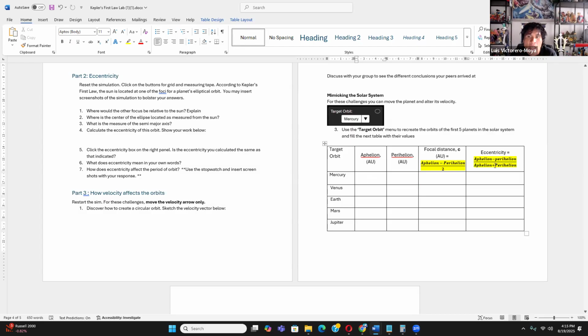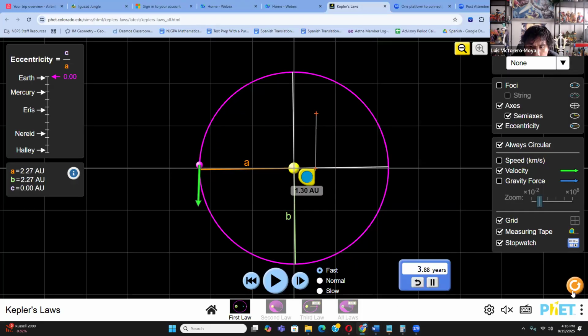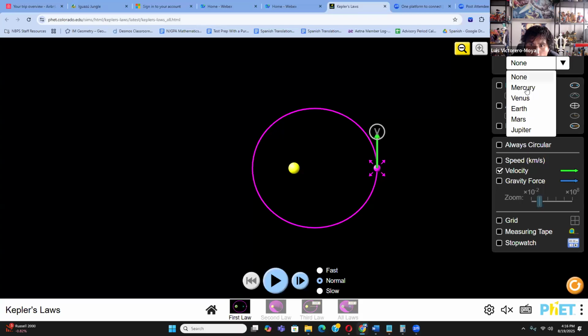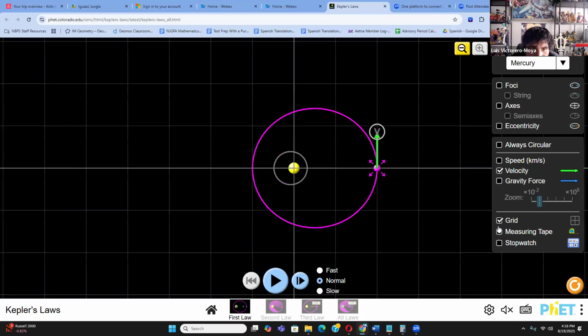These are equations that we can prove in physics, right? So for that, let's reset this. Let's go to Mercury, that's the orbit of Mercury, and then let's use the grid. As you can see, you cannot see the center here. So how do you find your A and B? You can't. But what you can do is measure the aphelion and perihelion.